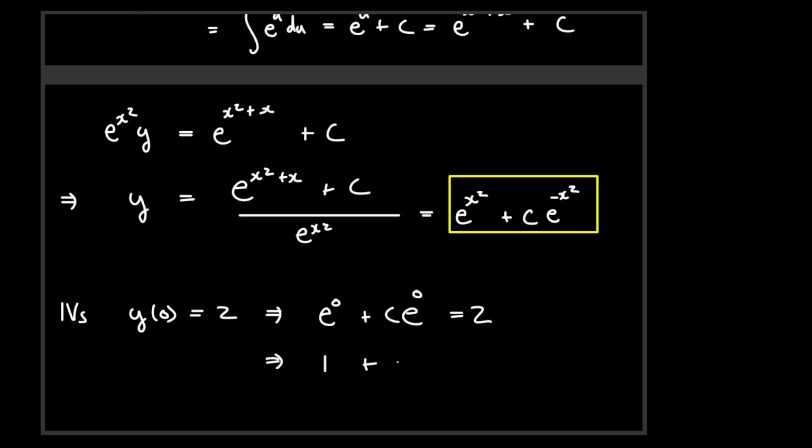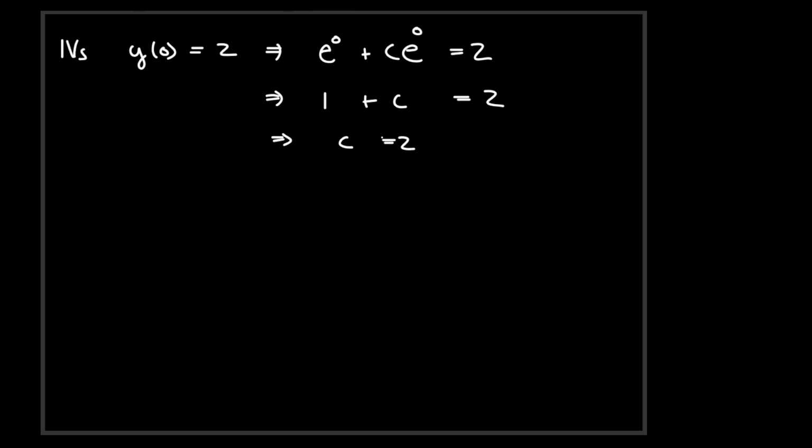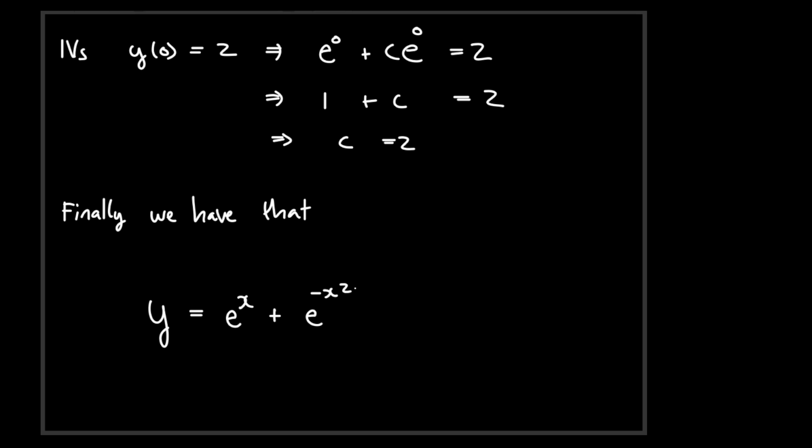But this is just 1 plus c is equal to 2, and this just means c is equal to 1. Okay, good. So that gives us the initial value, and finally that tells us exactly what y is. So finally we have that y is just equal to e to the x squared plus e to the negative x squared. Okay, and that solves this differential equation.